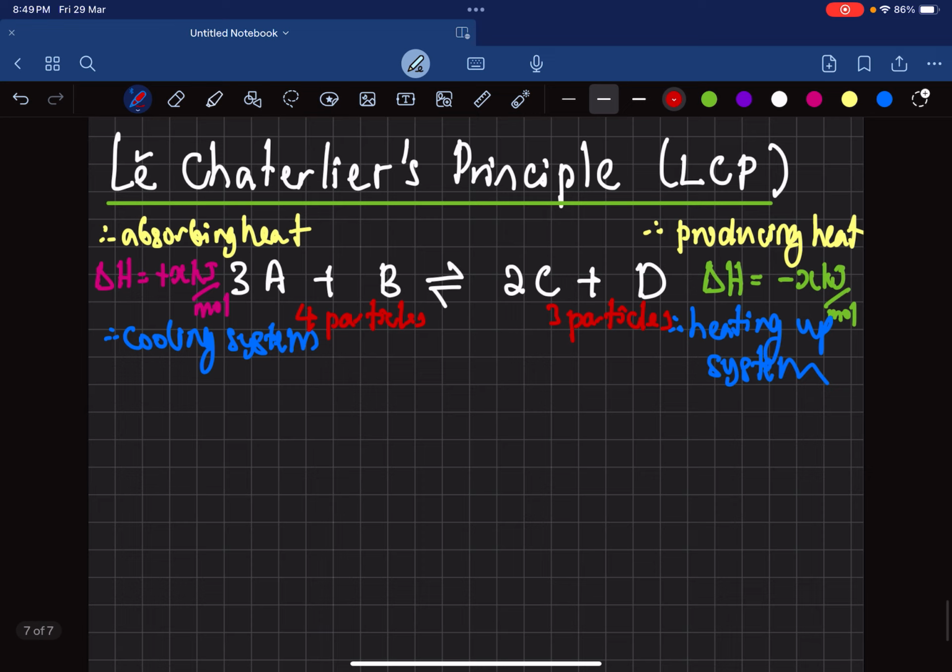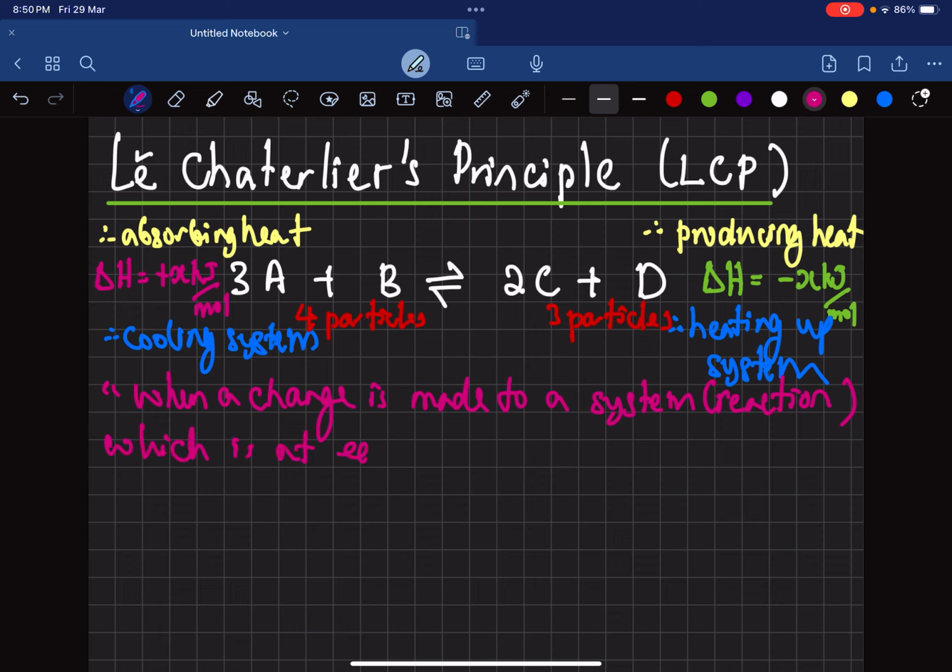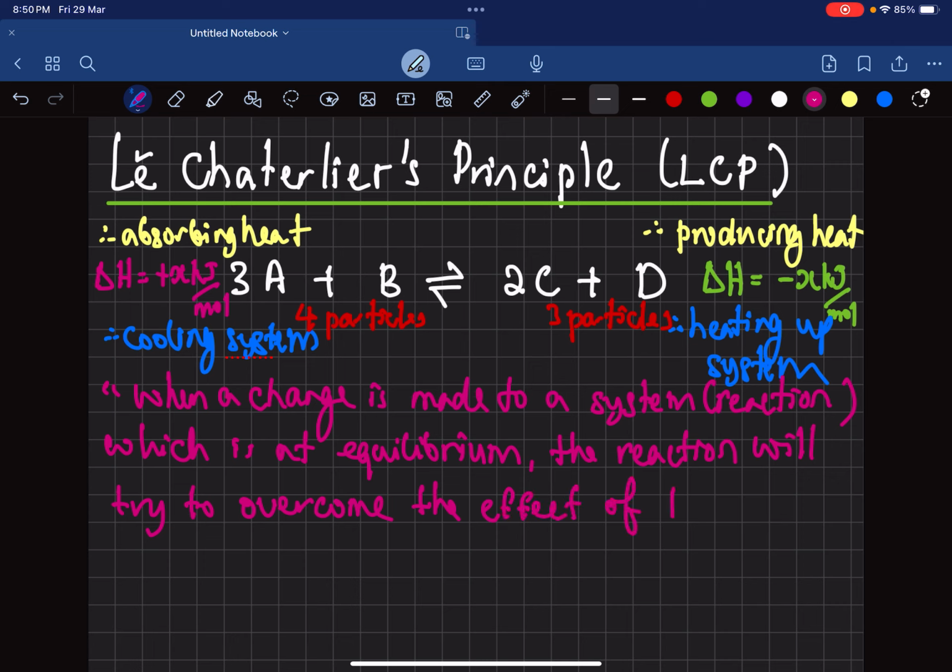So what does Le Châtelier's principle, or the LCP, say? It basically says when a change is made to a system or a reaction which is at equilibrium, the system or the reaction will try to overcome the effects of the change.